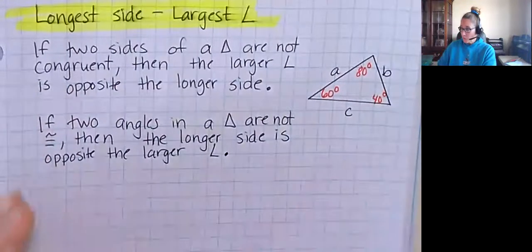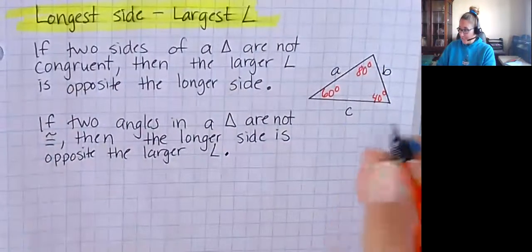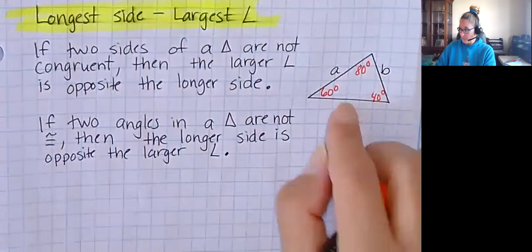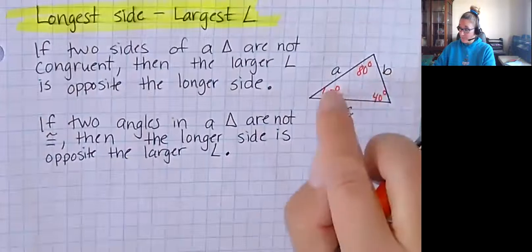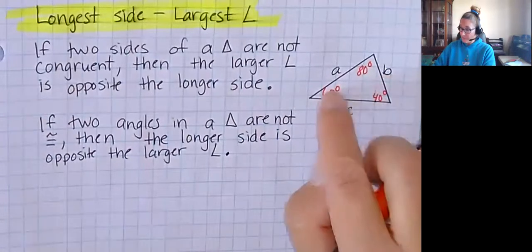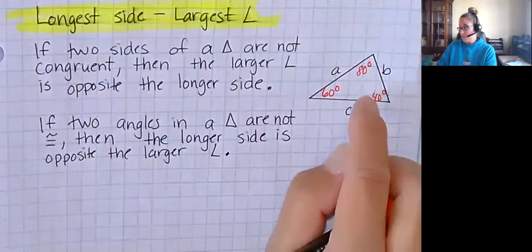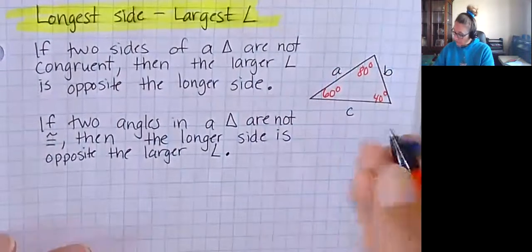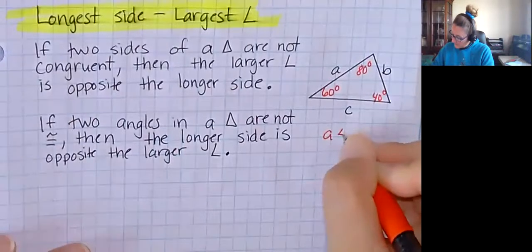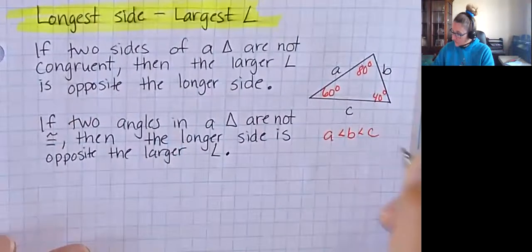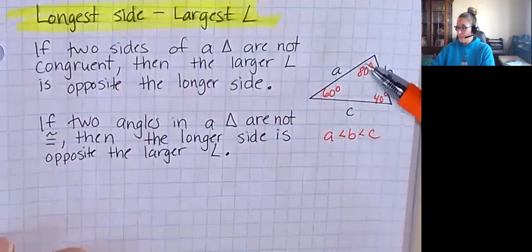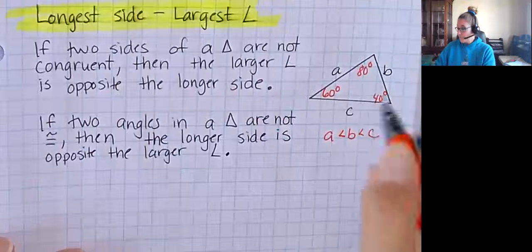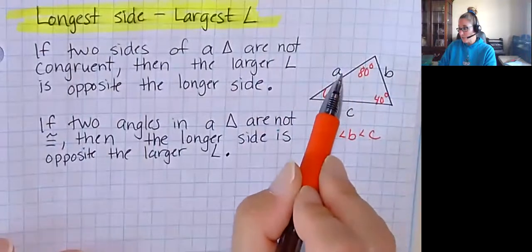Okay, so what has to be true is that C is going to be the longest side because it's across from the biggest angle, and B is going to be the one in the middle because it's across from the middle-sized angle, and then A is across from the 40, which is the smallest one. So I would say that A is less than B is less than C in terms of their lengths. Again, the longest side is across from the largest angle. The smallest side is across from the smallest angle, and vice versa.